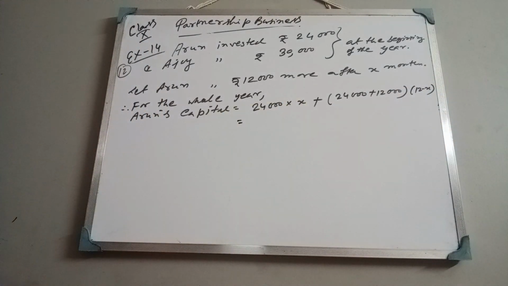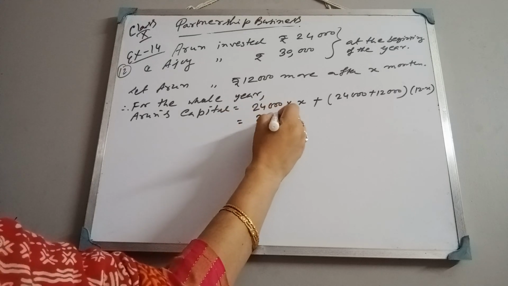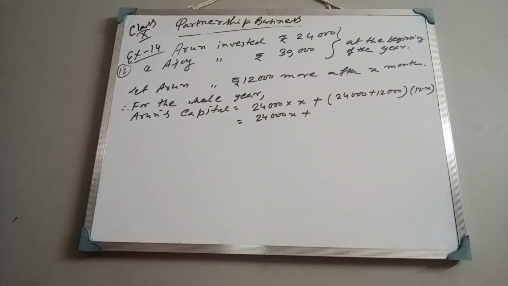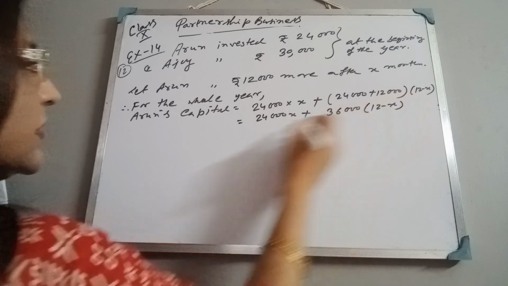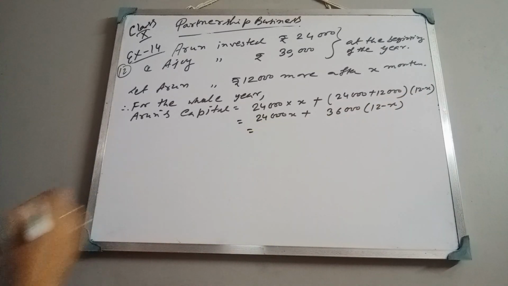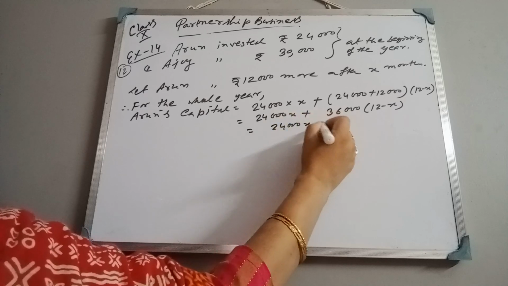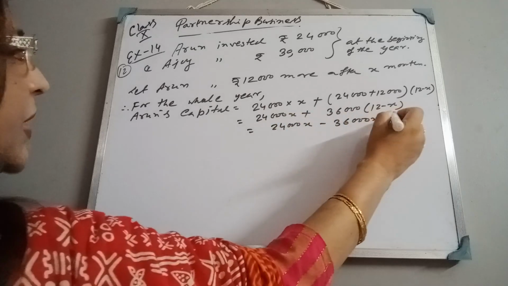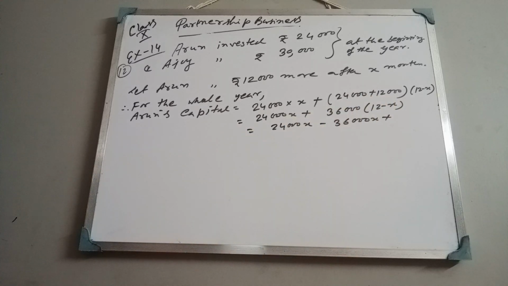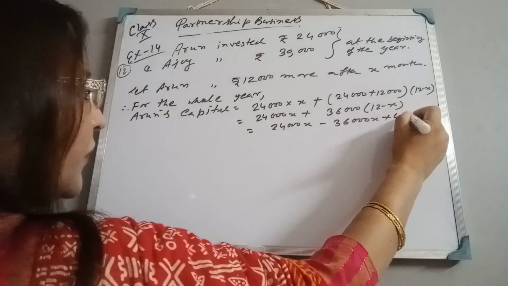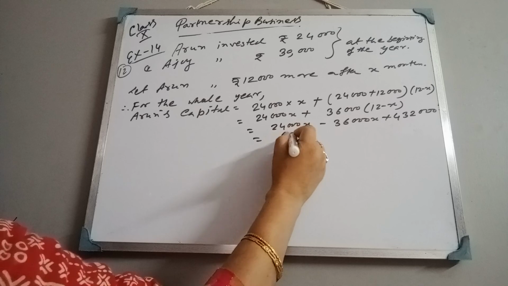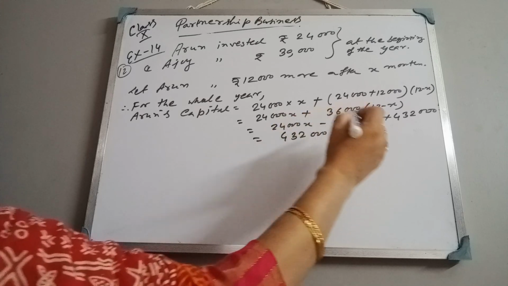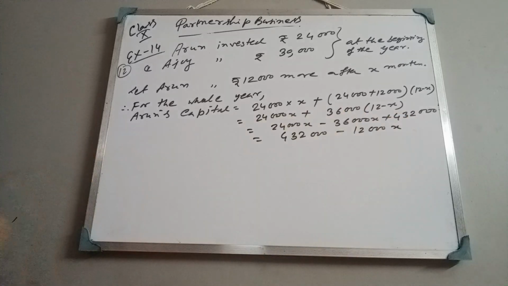So we get 24,000 X plus 36,000 into 12 minus X. It is coming 24,000 X minus 36,000 X plus 36,000 into 12, that is 432,000. So this minus this means 432,000 minus 12,000 X. This is Arun's capital.